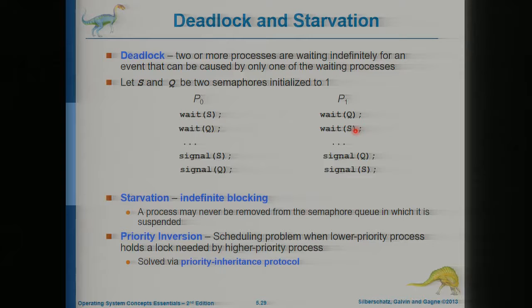Because P1 has already executed wait on Q. Since Q was free, P1 had entered the critical section for the semaphore Q, and then it requested S. But P0 has to signal S and P1 has to signal Q. So they both are mutually waiting for each other.